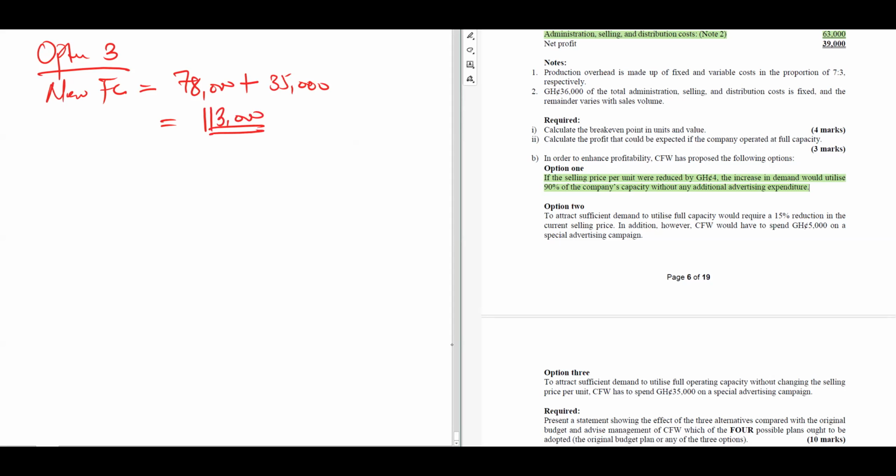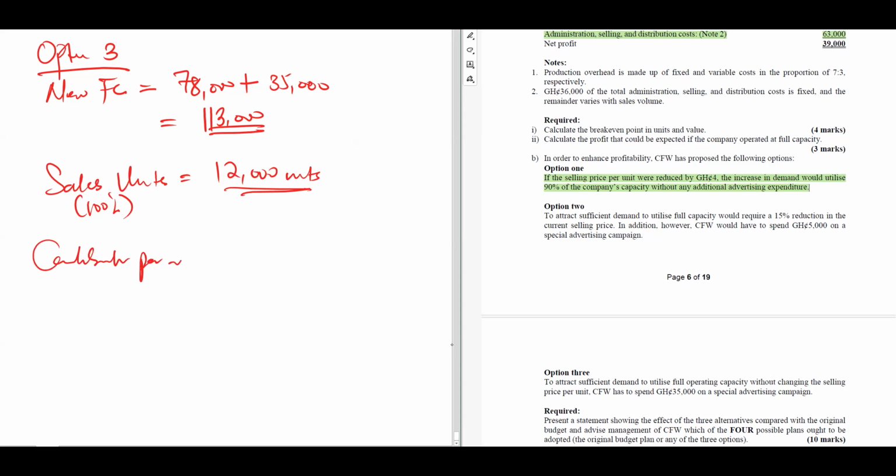Our sales volume: they said utilize full capacity, meaning we'll still sell 12,000 units, 100% capacity. Selling price and variable cost didn't change, so our contribution per unit stays the same, which is 32 cedis minus 19 cedis, giving us a contribution of 13 cedis per unit.